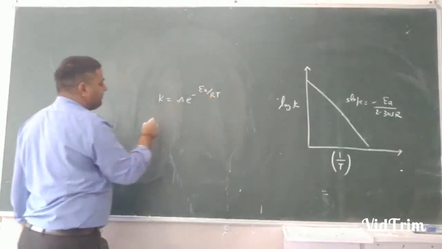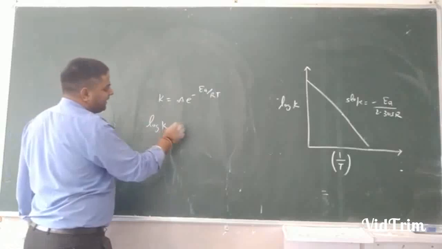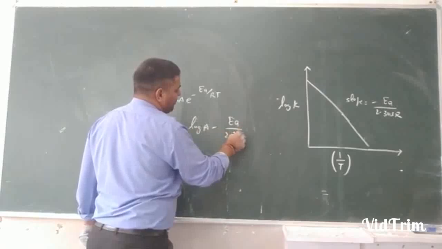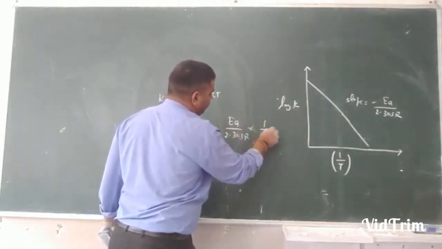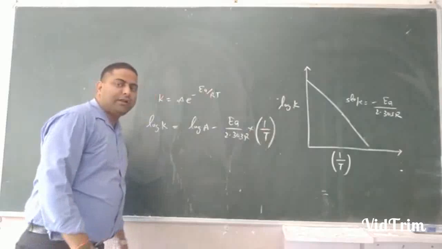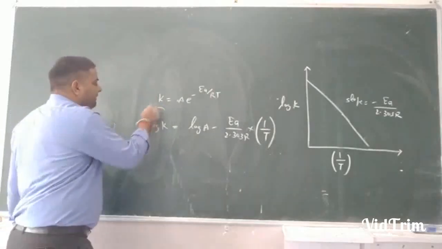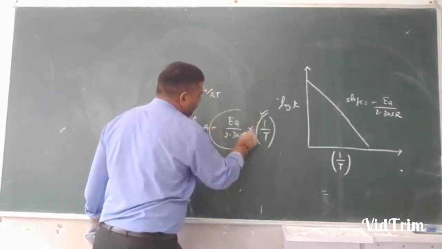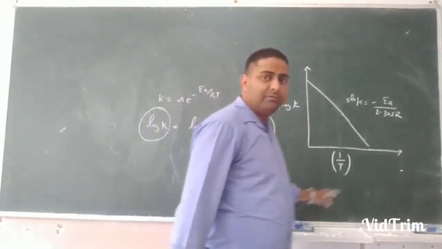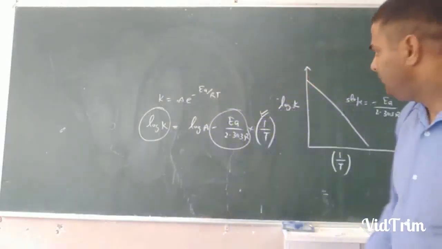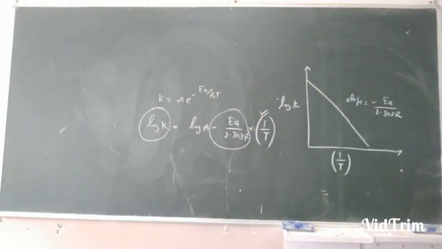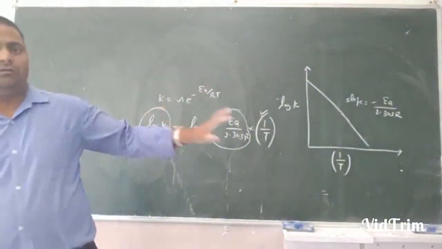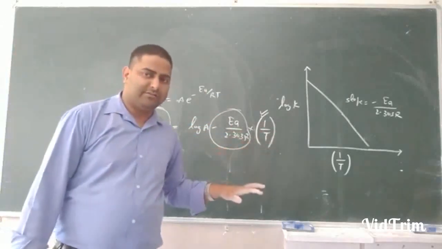When we solve this, we get log K equals log A minus Ea upon 2.303 R into 1 upon T. So when we plot a graph between log K versus 1 upon T, this will be the slope. So the slope is minus Ea upon 2.303 R. Now that's all for the Arrhenius equation.